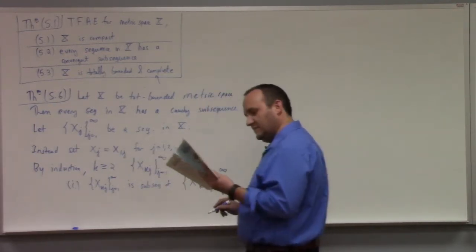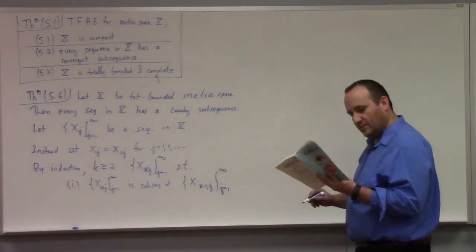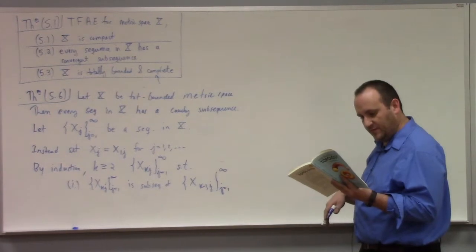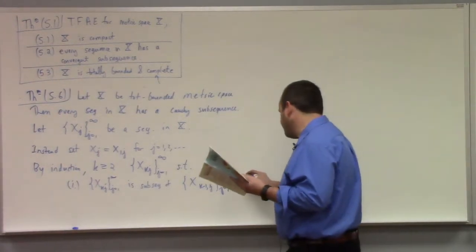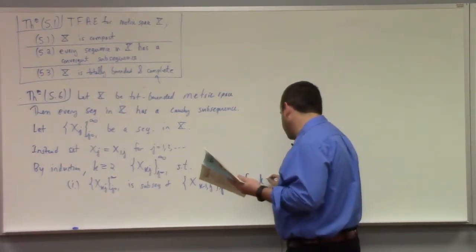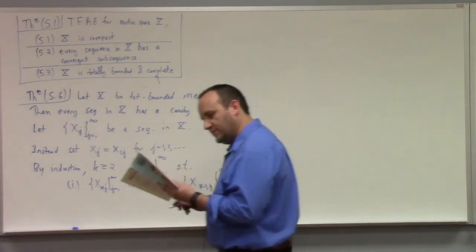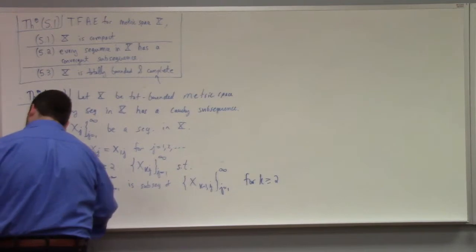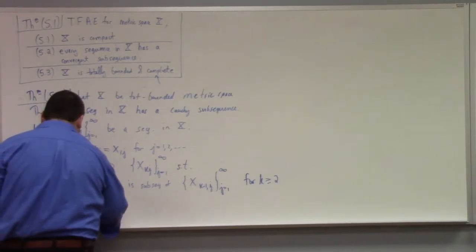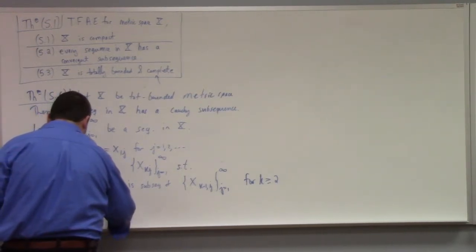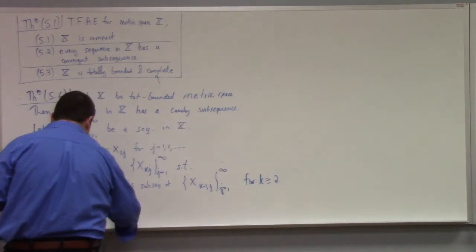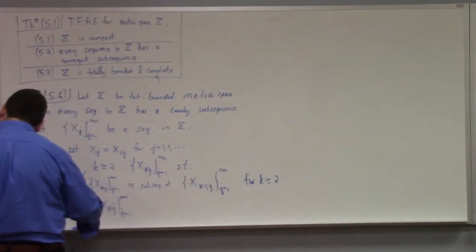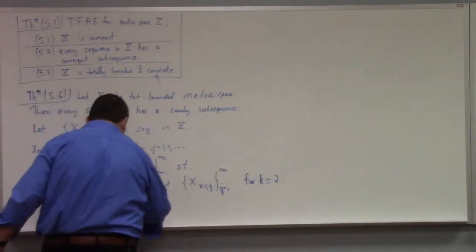All right, each one is a subsequence of the one before it. And what else? Number 2. He says x_kj, j equals 1 to infinity, is contained in a ball of radius 1 over k.